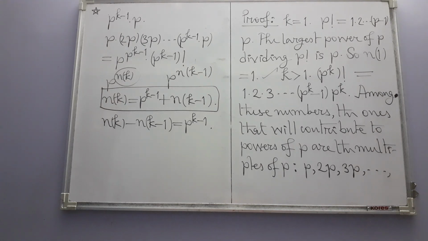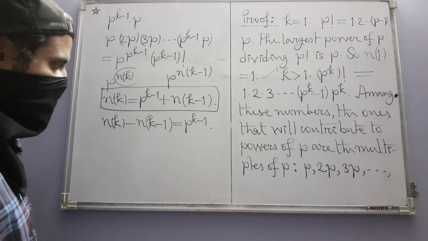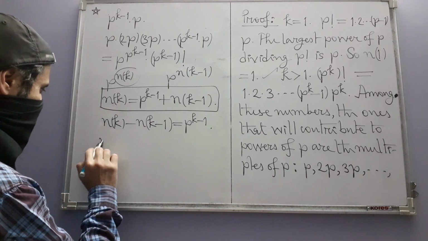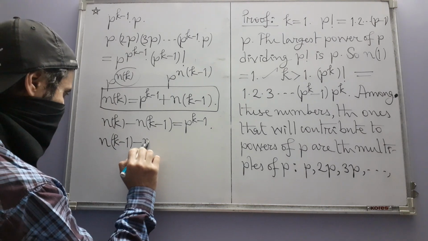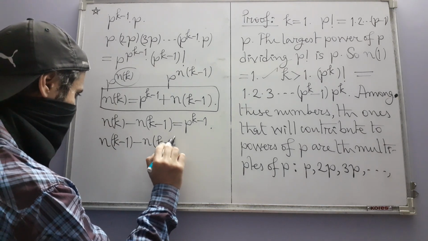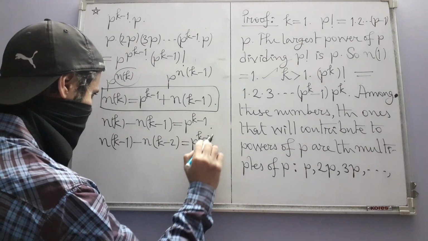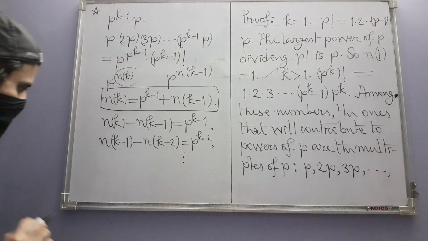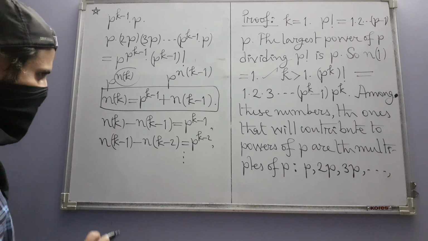And you can clearly see that if we now change k itself, then we are going to get other such similar equations. And then there will be another one. We're not going to write those things, but eventually we will reach what?